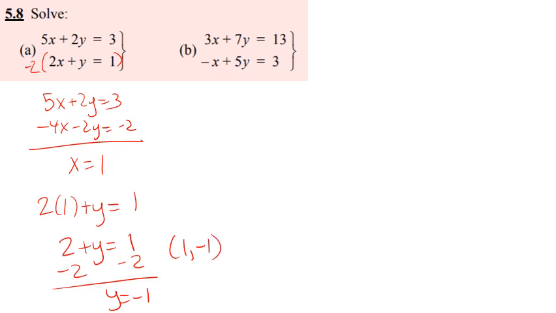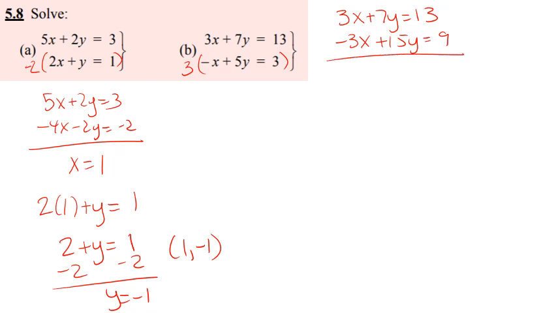Okay, the next one, I'm actually going to multiply the bottom equation by 3 because I want to eliminate the x's. I'm going to move my work up here just in case it runs into the other one. Multiply by 3. And then the x's will get eliminated. Divide by 22. Y equals 1. And then I'm going to plug in y equals 1 for the bottom equation.